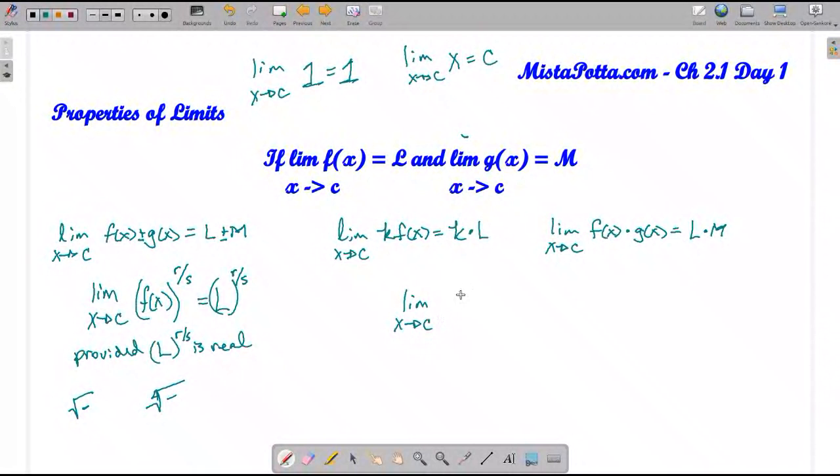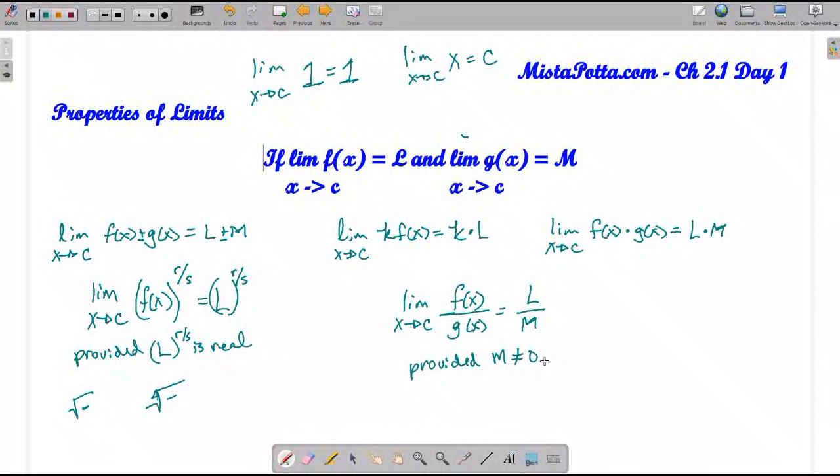So if I was to take a look at f of x divided by g of x as x approaches c, then this is going to be equal to L over M, provided that M is not equal to 0, because I'm not allowed to divide by 0. That affects my domain.